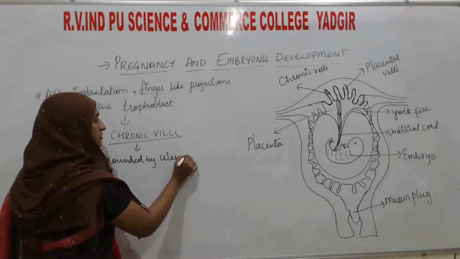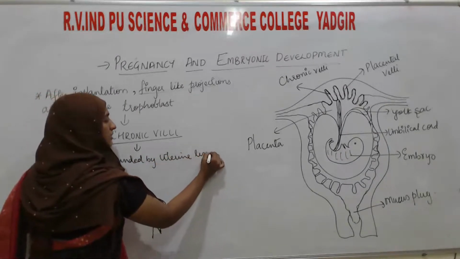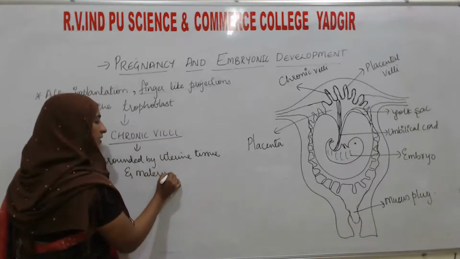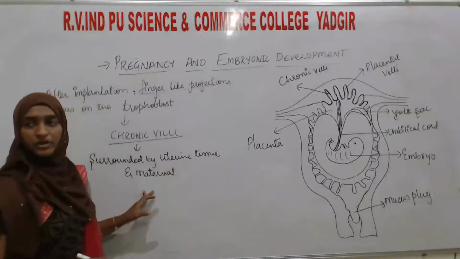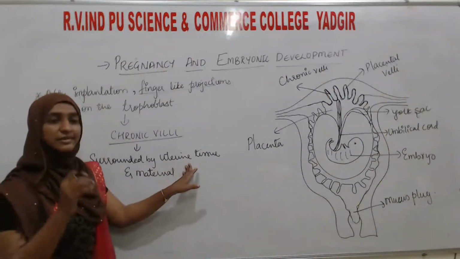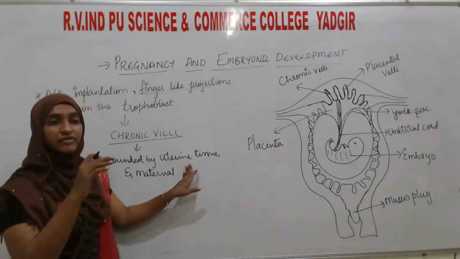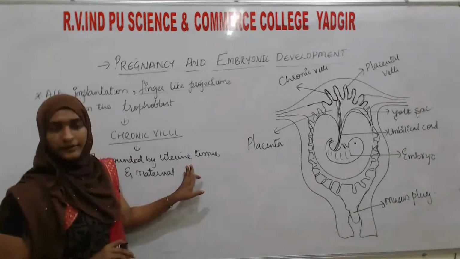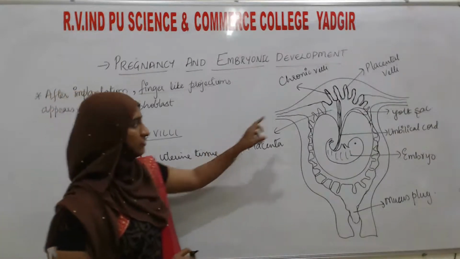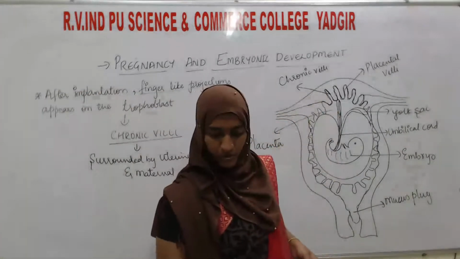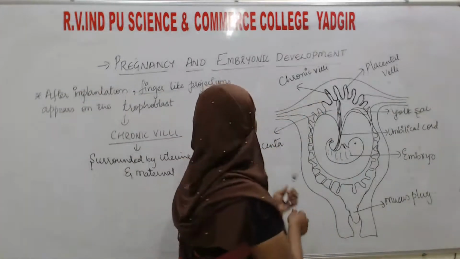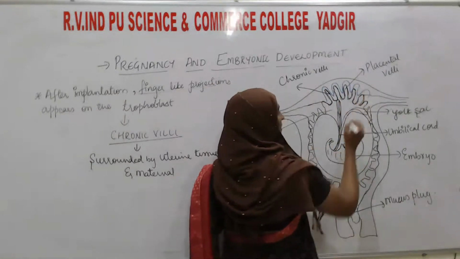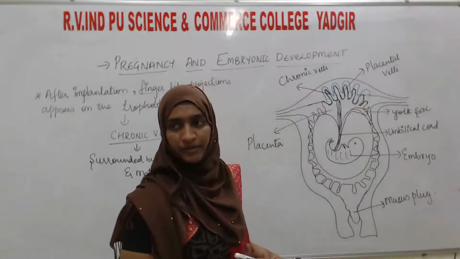Uterine tissues and maternal blood. Maternal blood means the mother's blood. Uterine tissues means whatever tissues the uterus has, that are going to surround this villi. Here it is surrounded by some of the uterine tissues and some of the maternal blood.